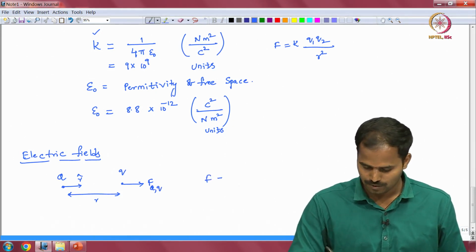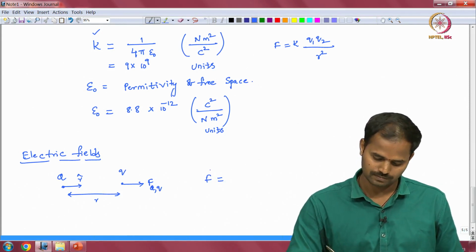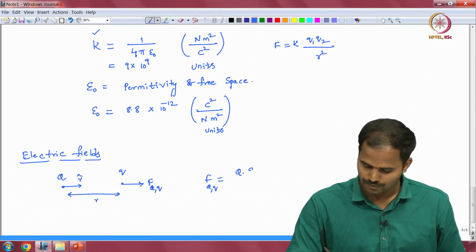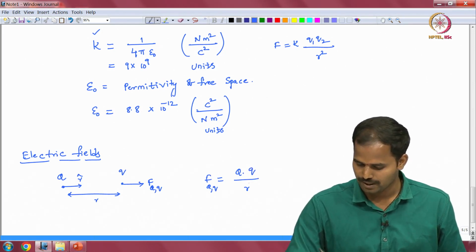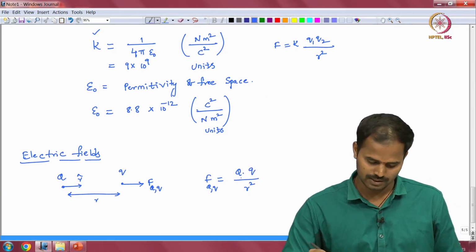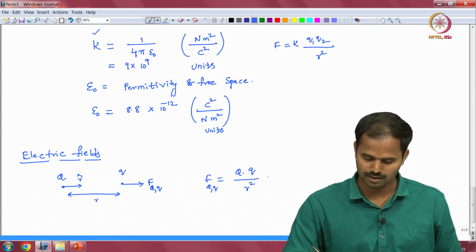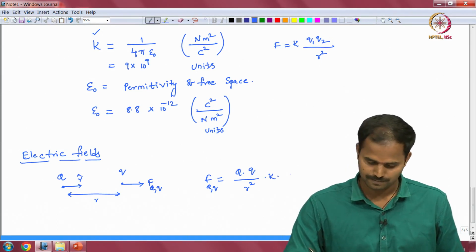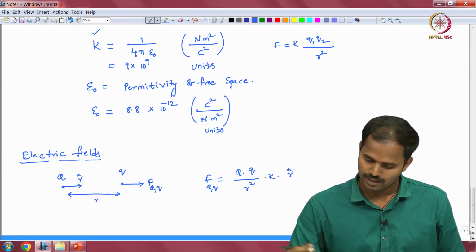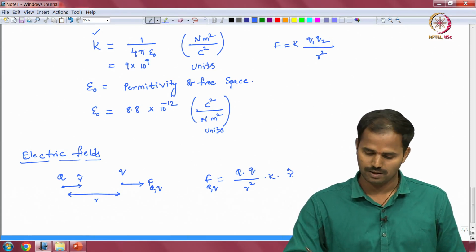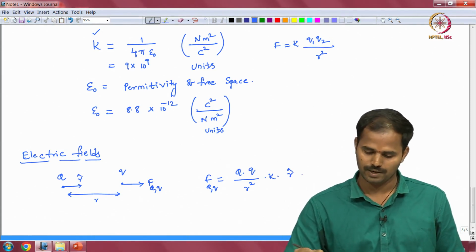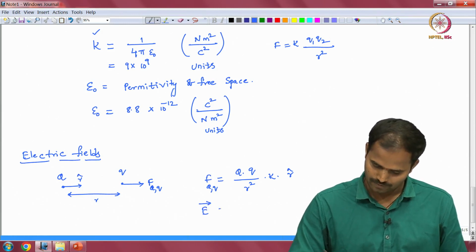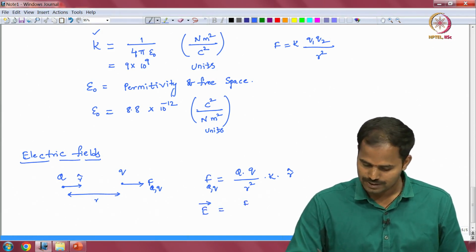And here as per Coulomb's law, force equals capital Q into small q divided by r square, inversely proportional to the distance between those two charges, into Coulomb's constant into the direction given by the unit vector. So here the electric field is nothing but the force per unit charge.